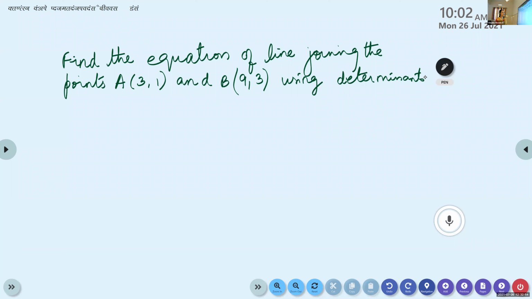Y2 minus y1 by x2 minus x1, that is the slope. The equation is y minus y1 by y2 minus y1 equal to x minus x1 by x2 minus x1.